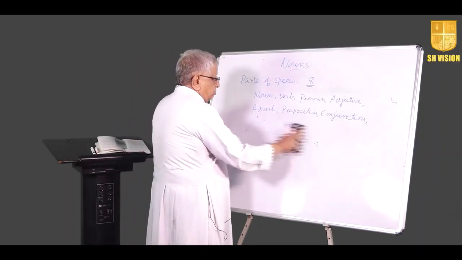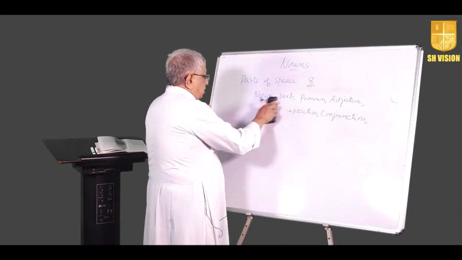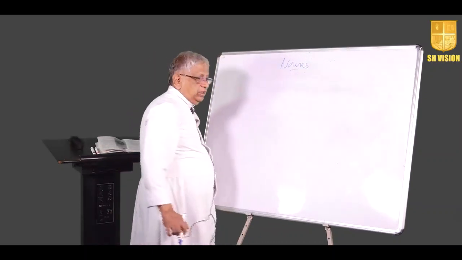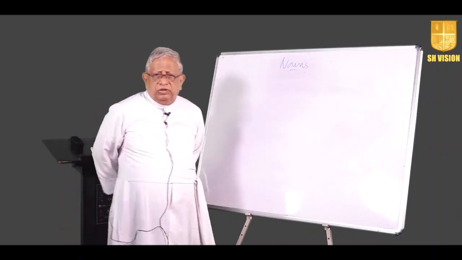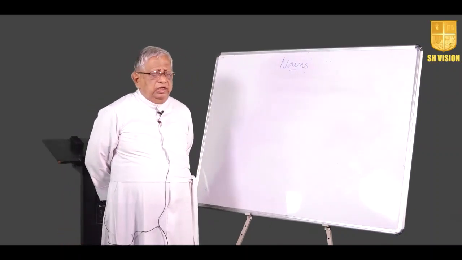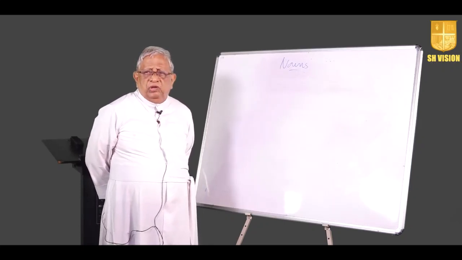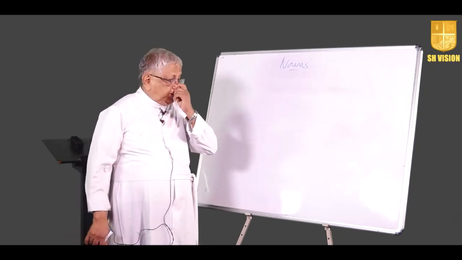Now we are about to talk about nouns. What are the things that we have to take care of to fix the meaning of a particular noun in a sentence or in a paragraph? You have to take care of 3 things.